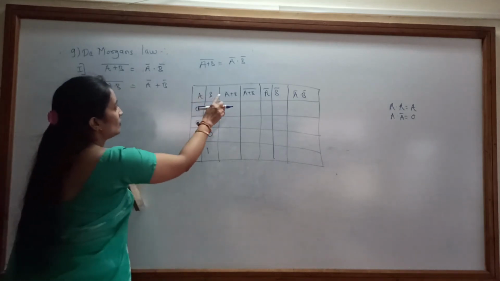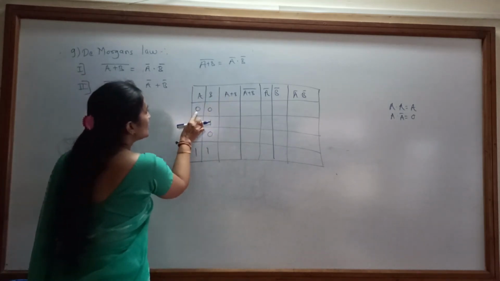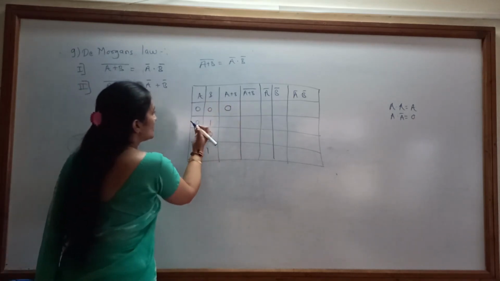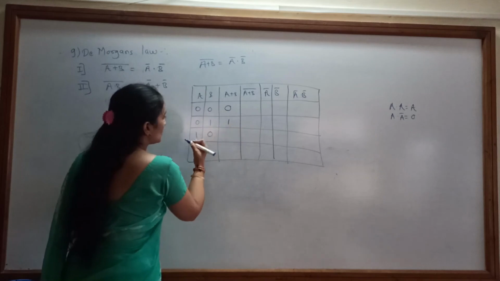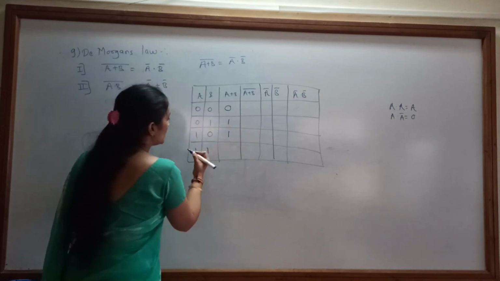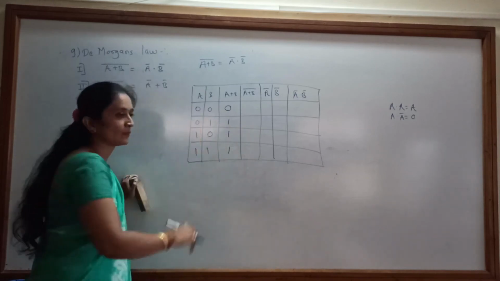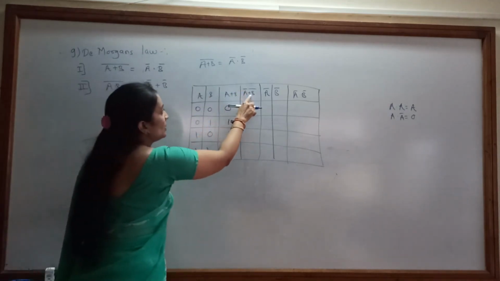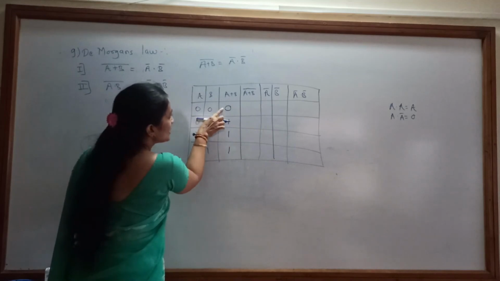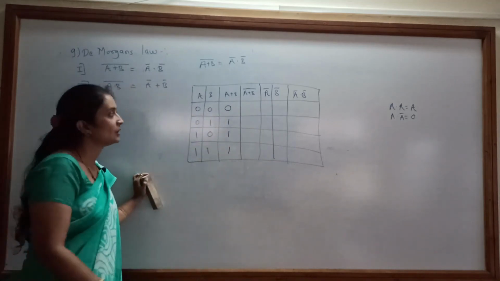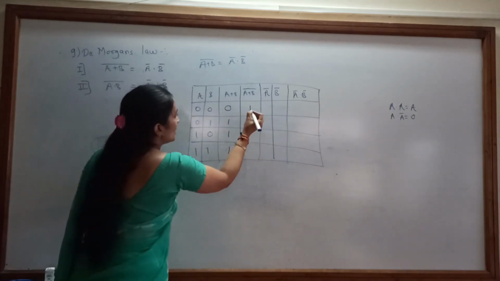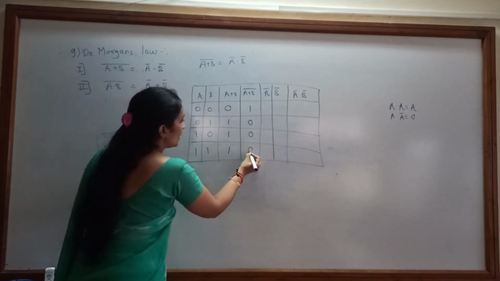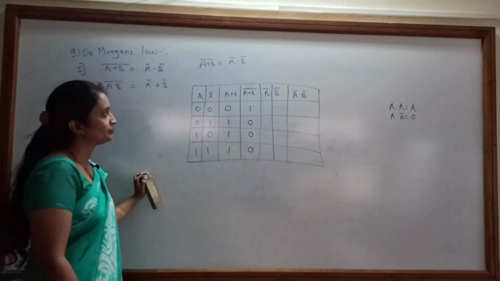Now, tell me A plus B, 0 plus 0. What is 0 plus 0? 0. 0 plus 1, 1. 1 plus 0, 1. 1 plus 1, 1. We have got A plus B. Complement of A plus B means complement of this column. 0 complement 1, 1 complement 0, 1 complement 0, 1 complement 0.